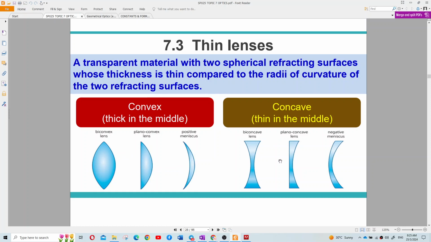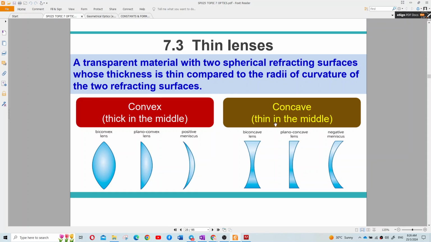This one is called concave lens because it's thinner at the middle, and the side is much thicker. Do you see the difference, class? Convex and concave?